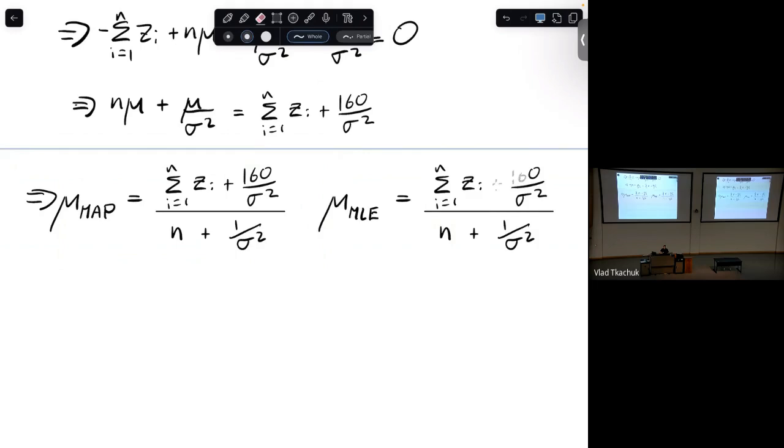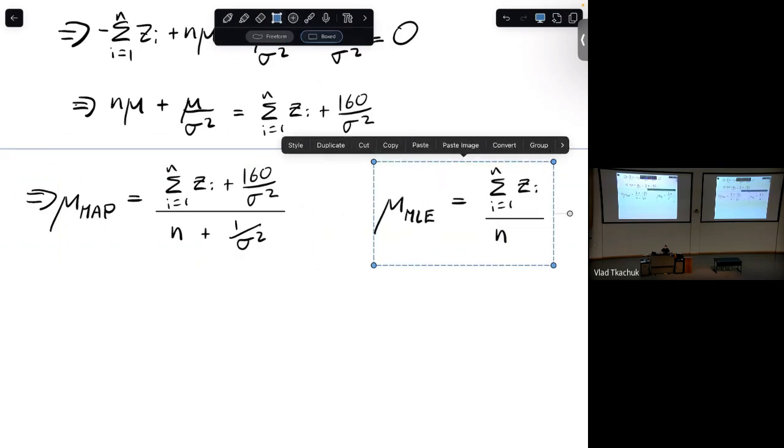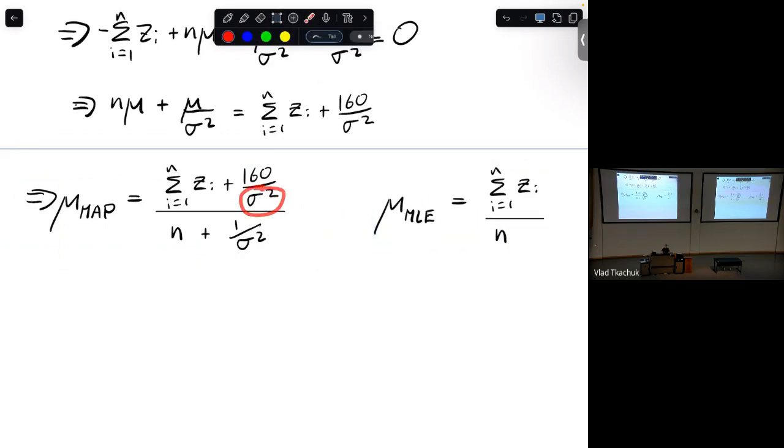So we just remove this sigma squared business, and we are left with, oops, that's not right, the MLE estimate. And so you can see that really the sigma terms are the things that are changing the estimate.